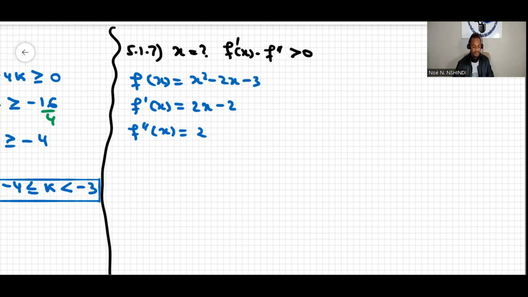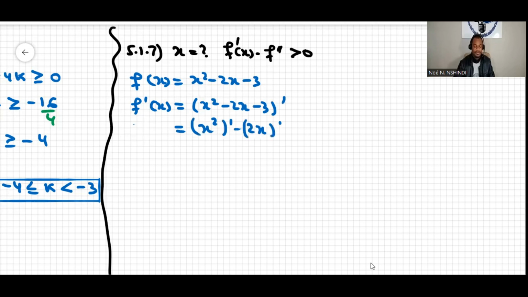In other words, maybe someone would like to see all the steps. It's like doing the derivative of x squared minus 2x minus 3. So this is the derivative of x squared, minus the derivative of 2x, minus the derivative of 3. The derivative of ax to the power of n is a times n times x to the power of n minus 1.